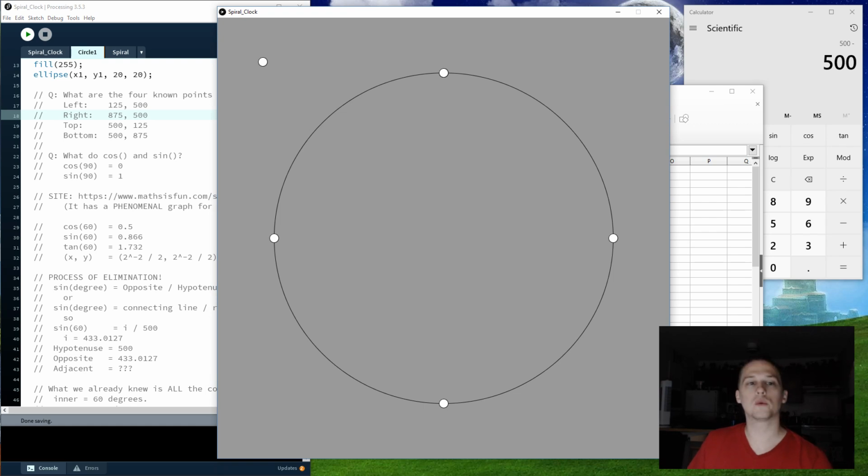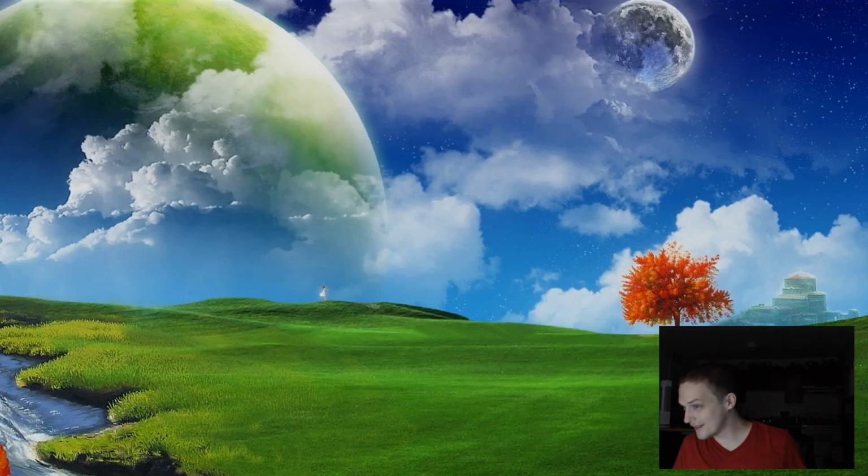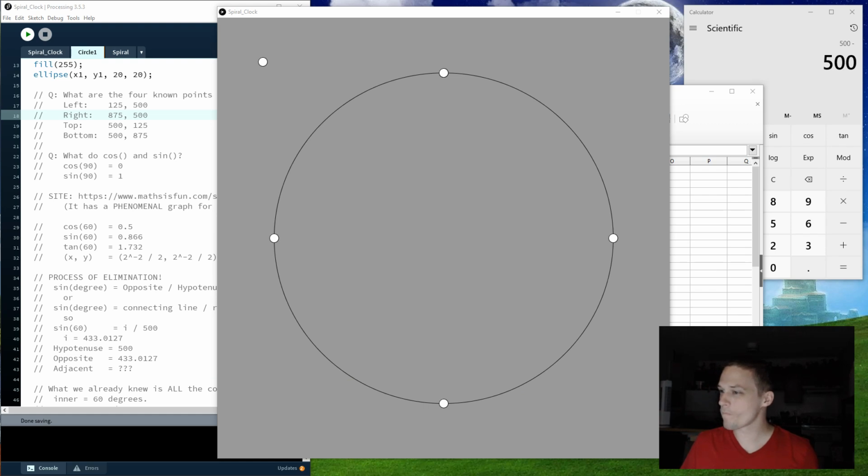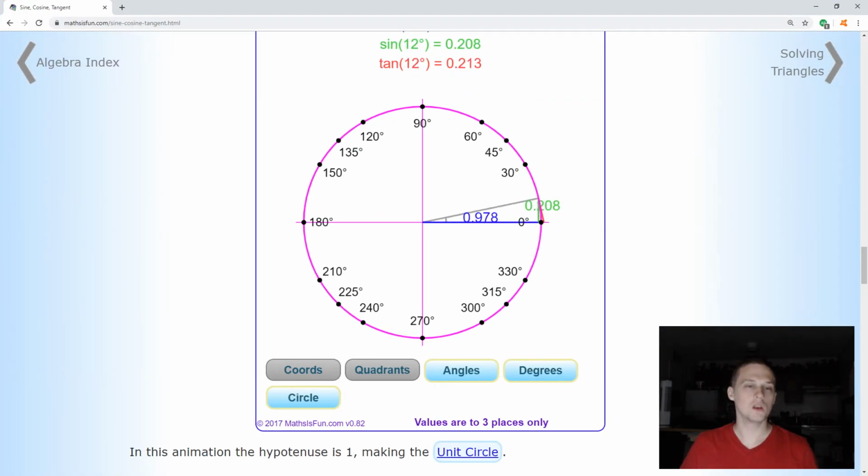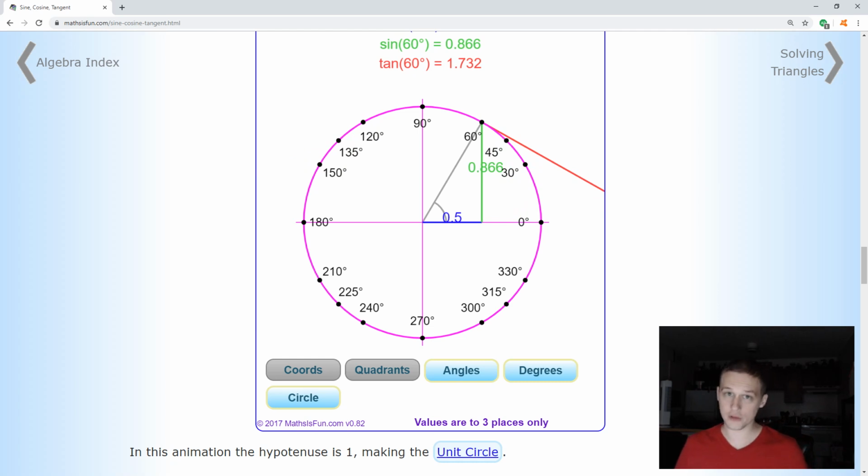So from here, I was trying to figure out where it was. There it is. With the circle that I was creating, I wanted to figure out what a degree was. The goal I had from yesterday for today was just to figure out one XY coordinate that is on the circle.